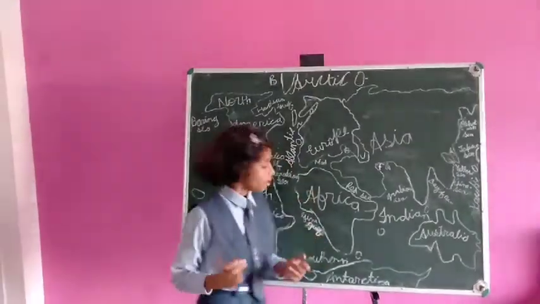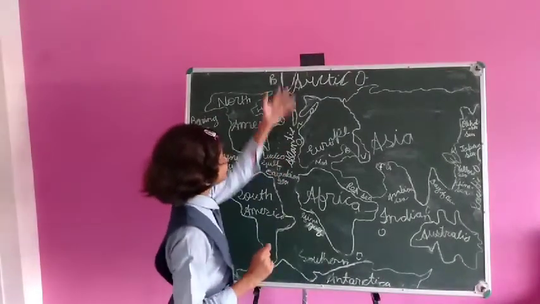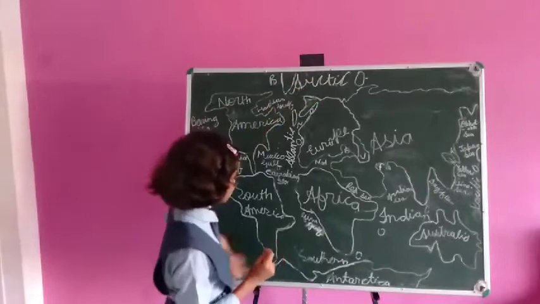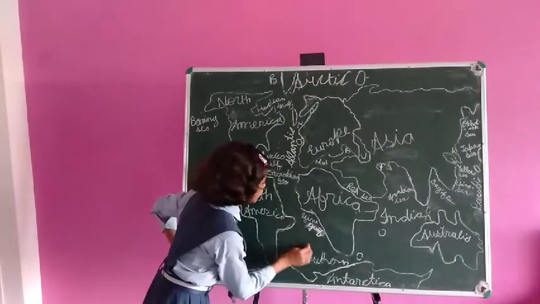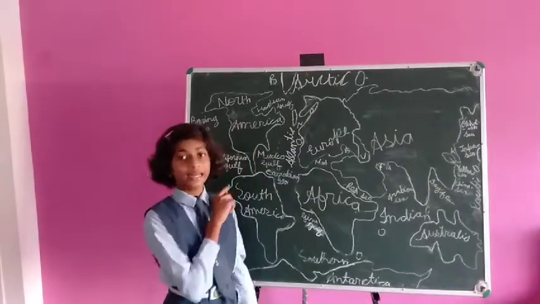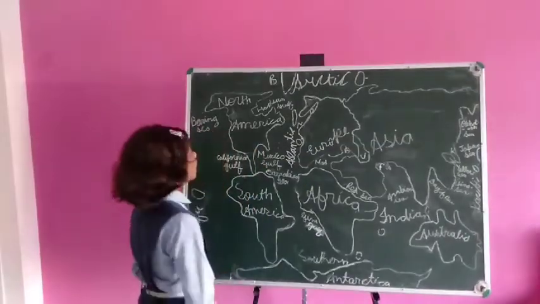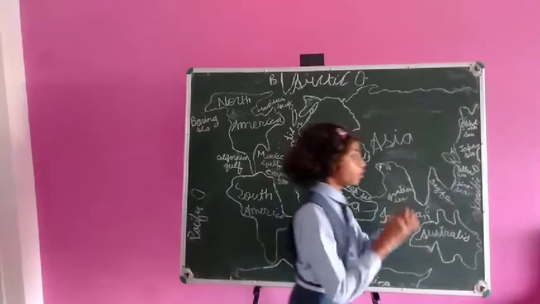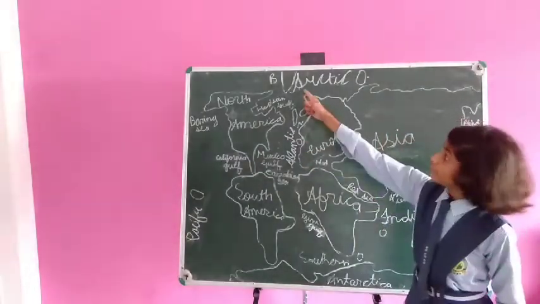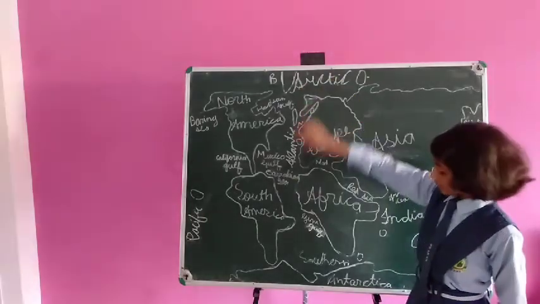And it is joined by the Arctic Ocean at the north, and by the Antarctic or Southern Ocean at the south side. It means that it is bounded by 4 continents and joined by the Arctic and Southern oceans.